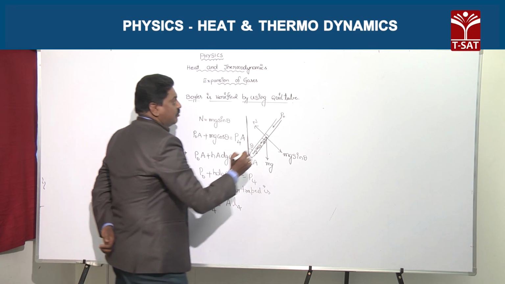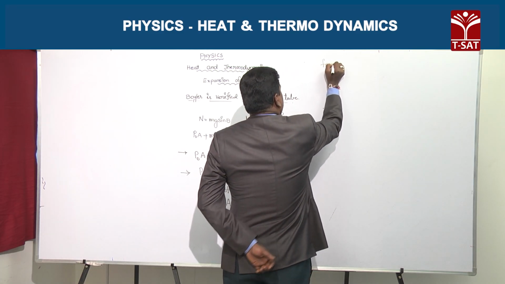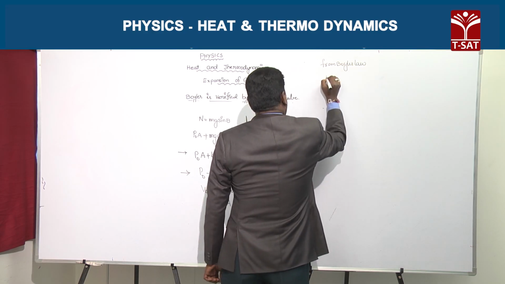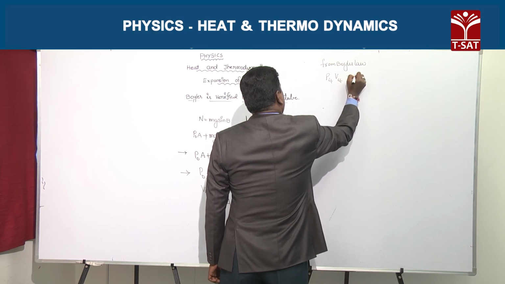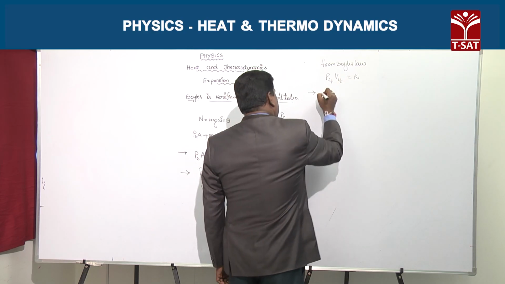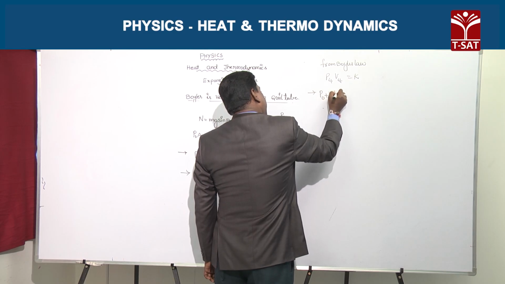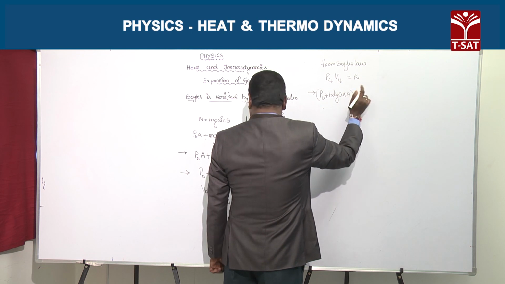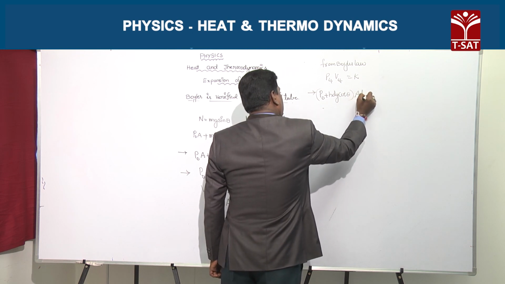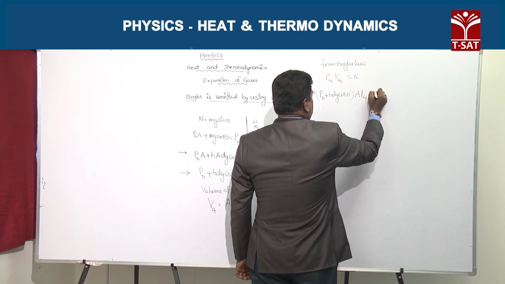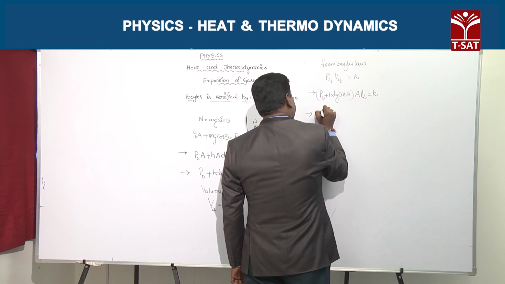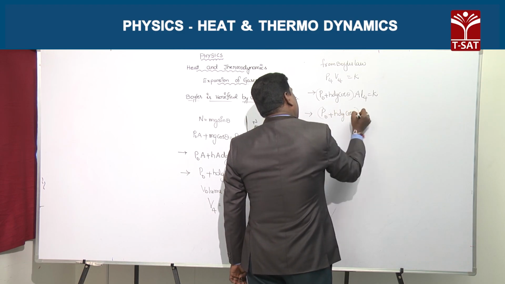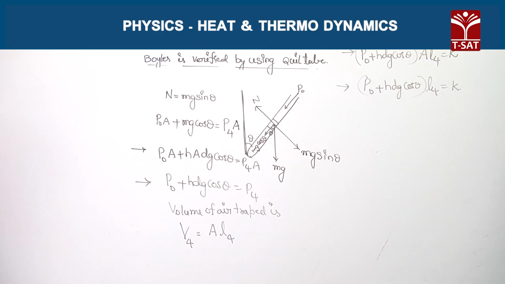From Boyle's law, P4 V4 equals constant, implies P naught plus h d g cos theta into A L4 equals constant, implies P naught plus h d g cos theta into L4 is equal to constant.